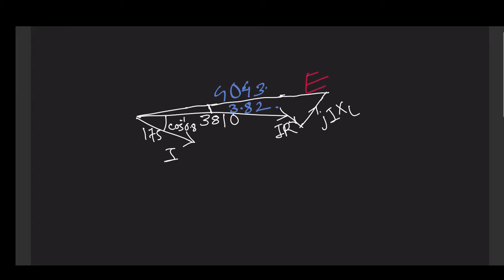If this is our E, then correspondingly we will get here, if this is R, then this is our A. So if we subtract A from this, we should get the open circuit EMF E0, which we need to find out, and from that we can calculate further.